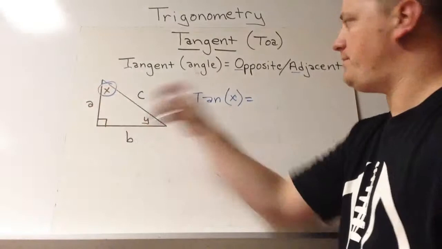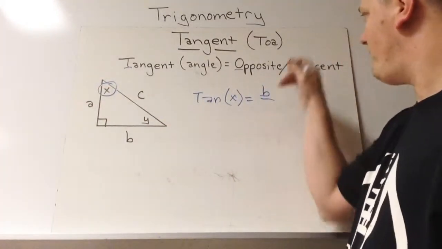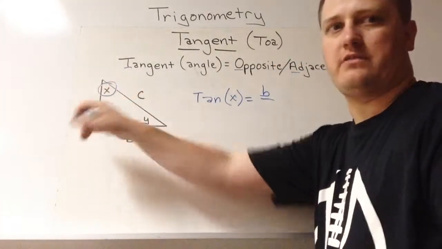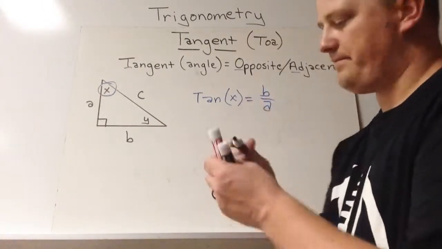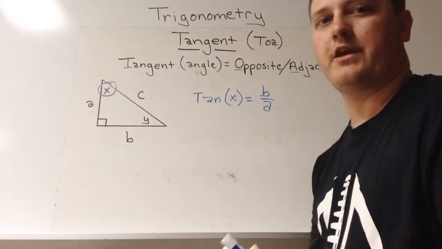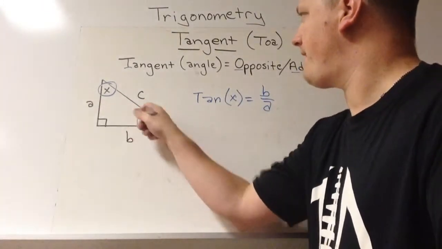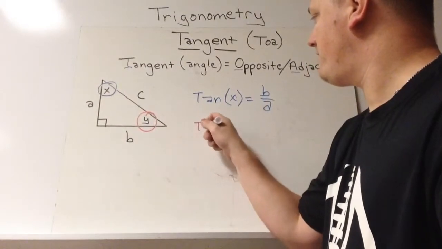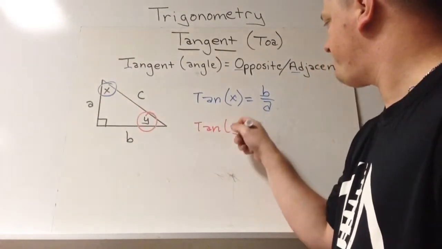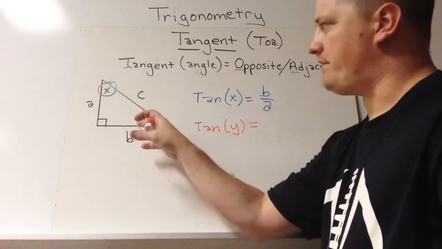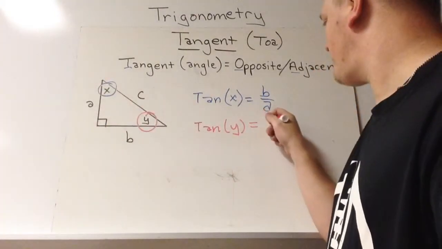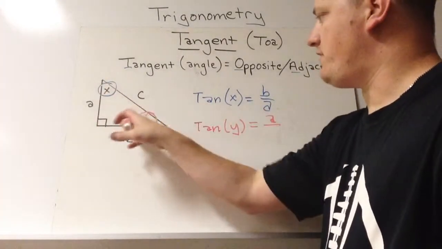The opposite of x is b. And we want it over the adjacent. The adjacent would be a. Now let's look at the version for y. So we're going to get tan of y. Now the opposite of y is a, and the adjacent would be b.